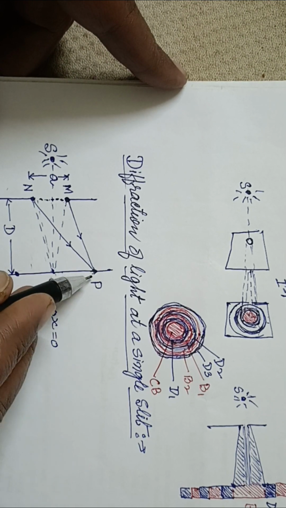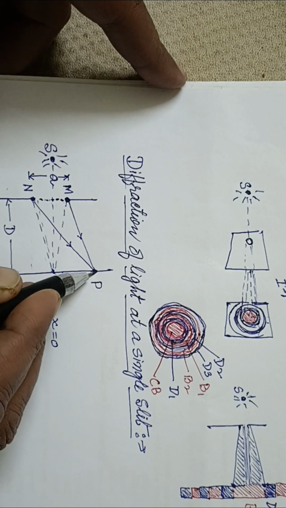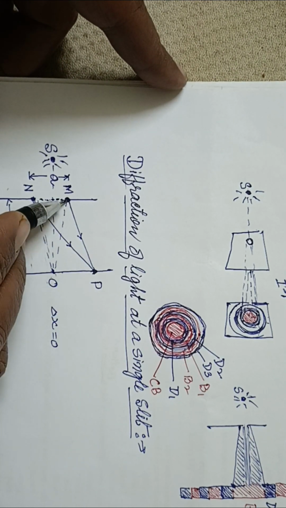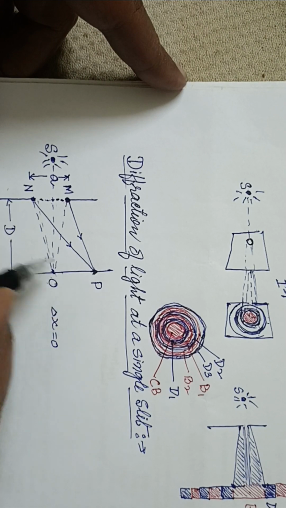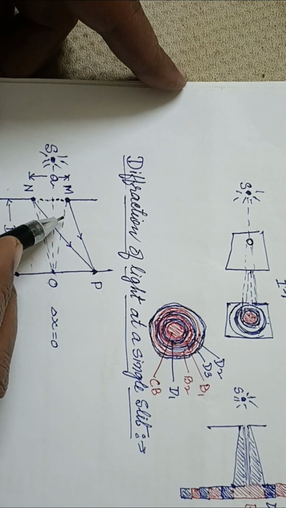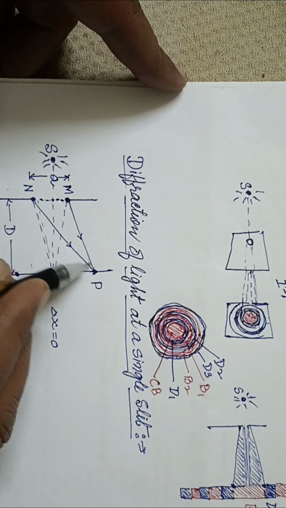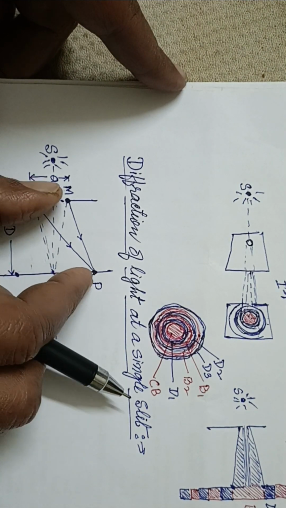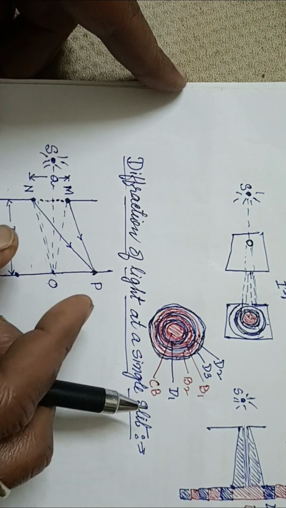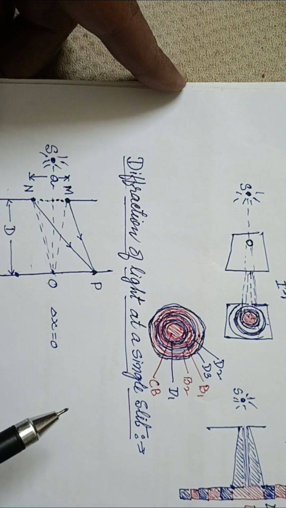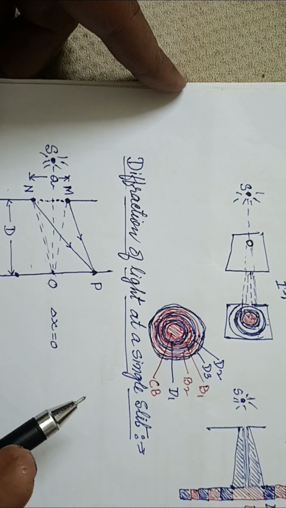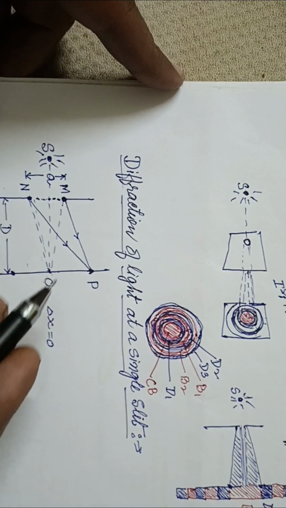So we are considering a point P at which the waves are reaching from M and N both. So let us see how much the path difference is, because we can see the distances MP and NP are different. So obviously the path difference should be there. So how much path difference is there?